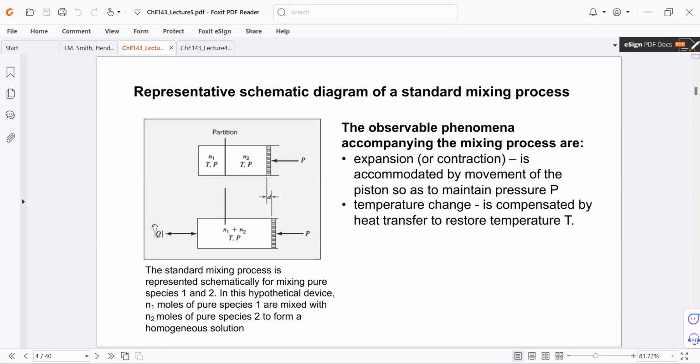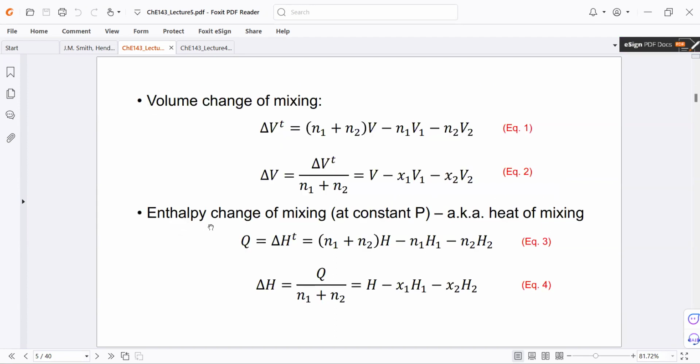How about the other phenomenon that we observe, which is the temperature change? So the enthalpy change of mixing at constant pressure, or we also call that heat of mixing, is equal to Q, and that is equal to the change in enthalpy.